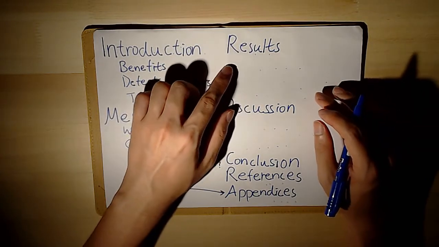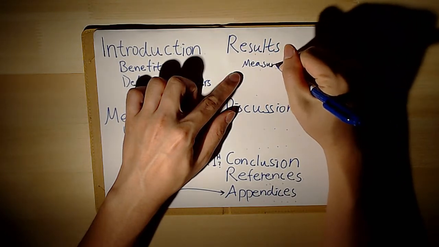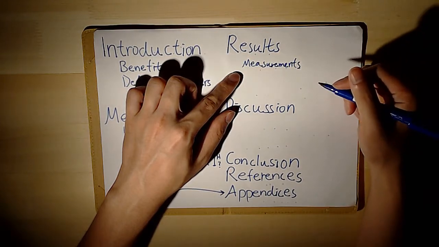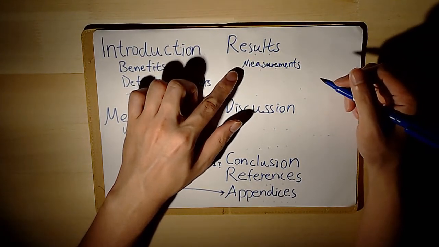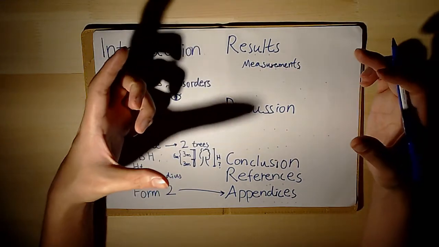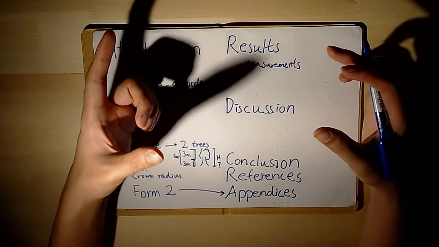You have to present the measurements of the two trees: how big they are, how tall they are, how wide they are, how much space they occupy, and so on. Okay, as long as you can present, it is okay.